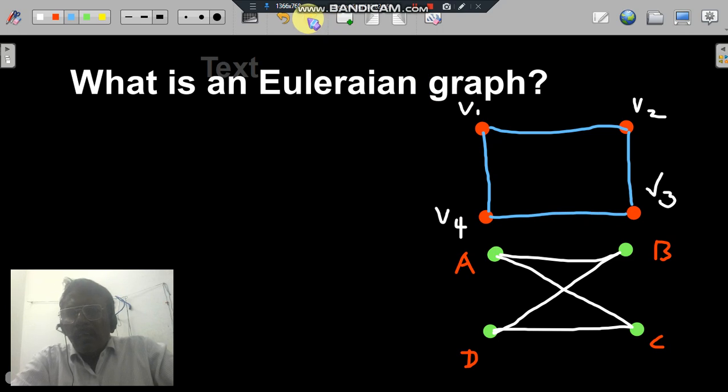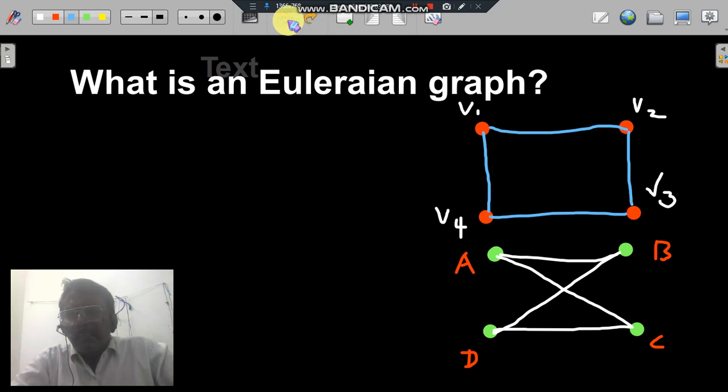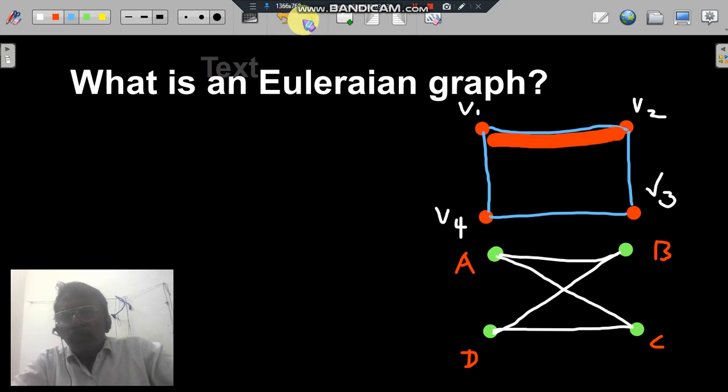Again look at how I am making the cycle starting from V1 to V2, then V2 to V3, V3 to V4 and V4 to V1.